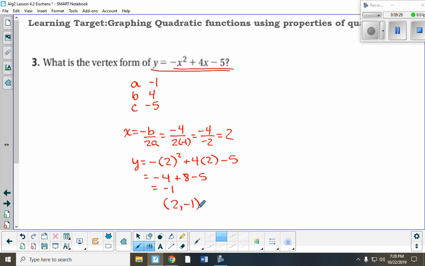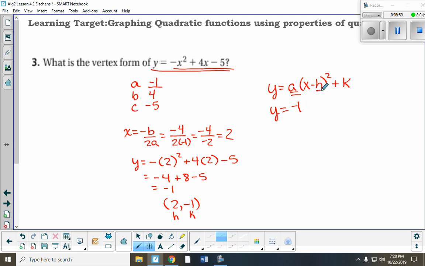Remember when we write an equation in vertex form, the general form is a times x minus h quantity squared plus k. Your vertex is (h, k). So if this is the vertex, that would be the h and the k. So to write the equation, you have to substitute in your a, which is -1.